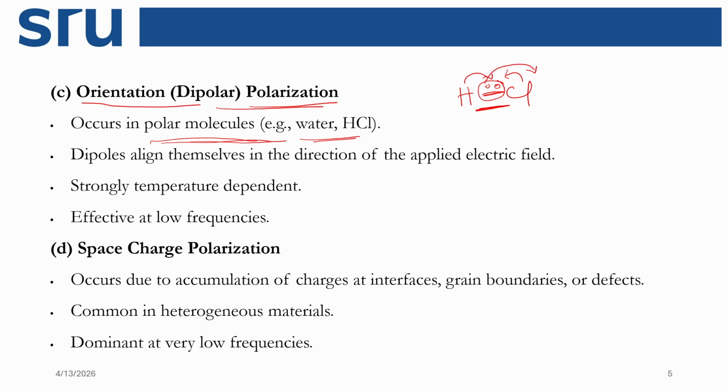So the two electrons are no longer at the middle of the bond, but slightly shifted towards the electronegative atom. Because of that shifting of the electron cloud, there will be a little delta plus charge on the low electronegativity atom side and delta minus charge on the high electronegativity side.